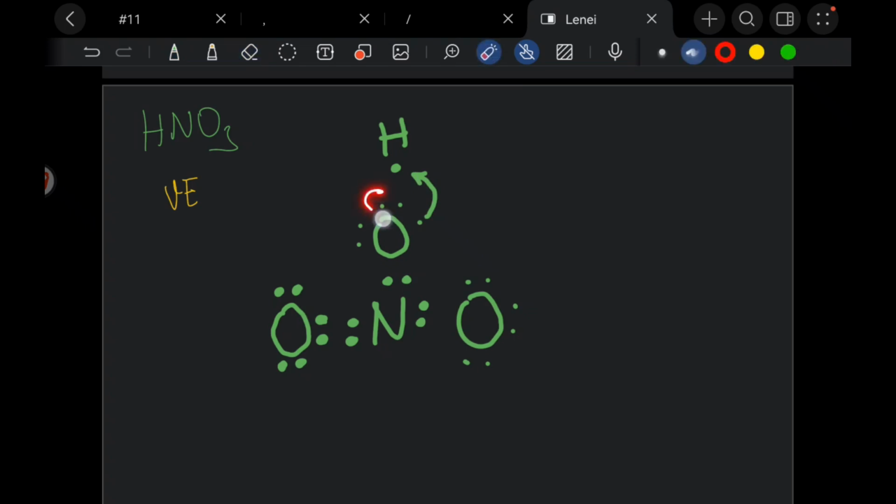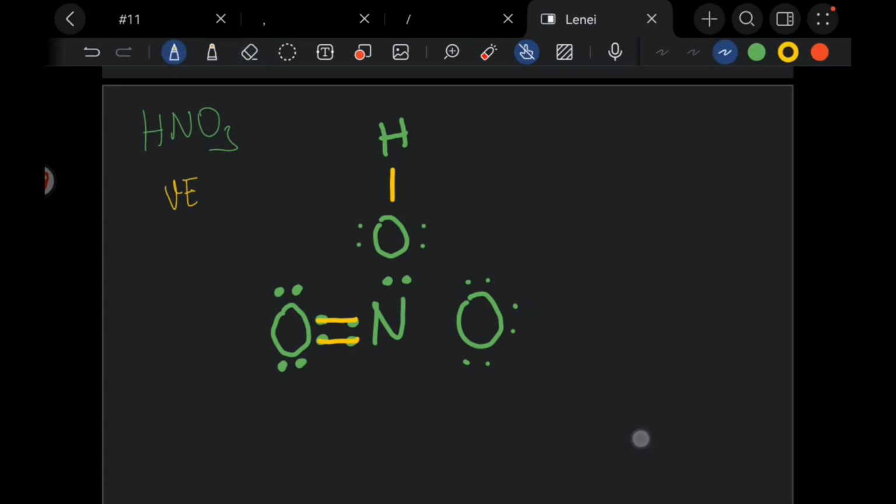And I will place the 2 electrons in here, so it's something like this. Okay, and I will put the bonds instead of electrons. I prefer bonds. So 1 bond here, a double bond here, and another bond here.